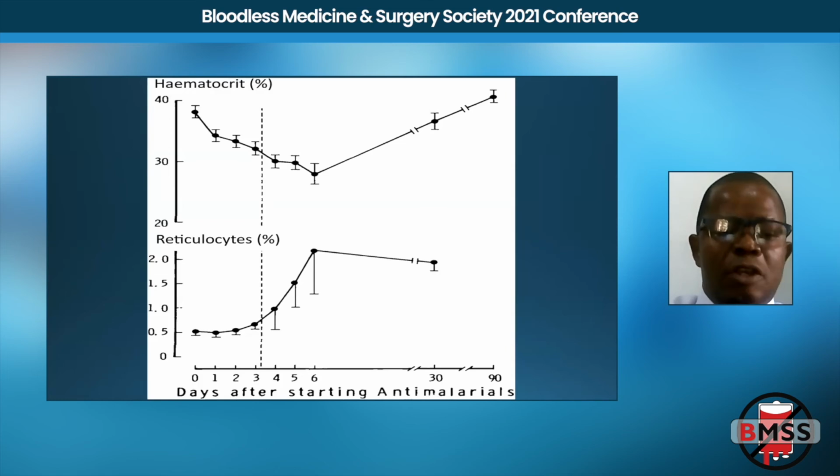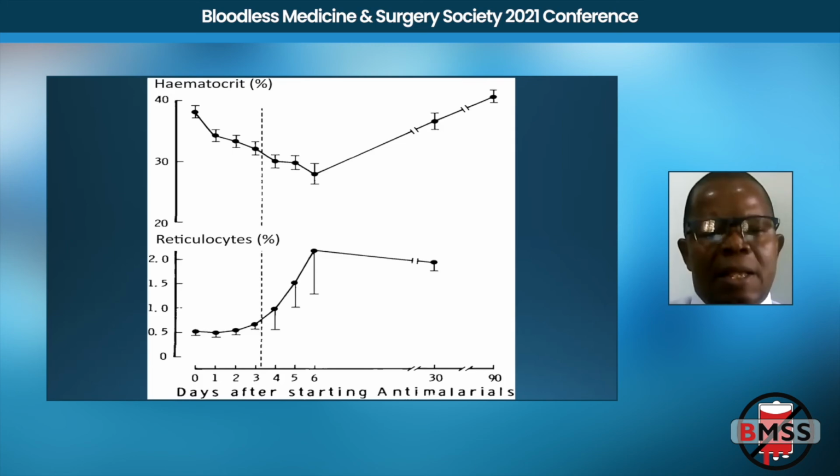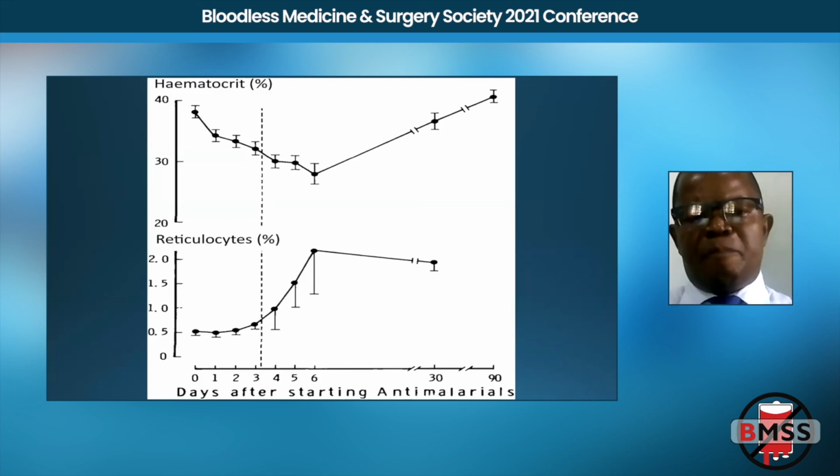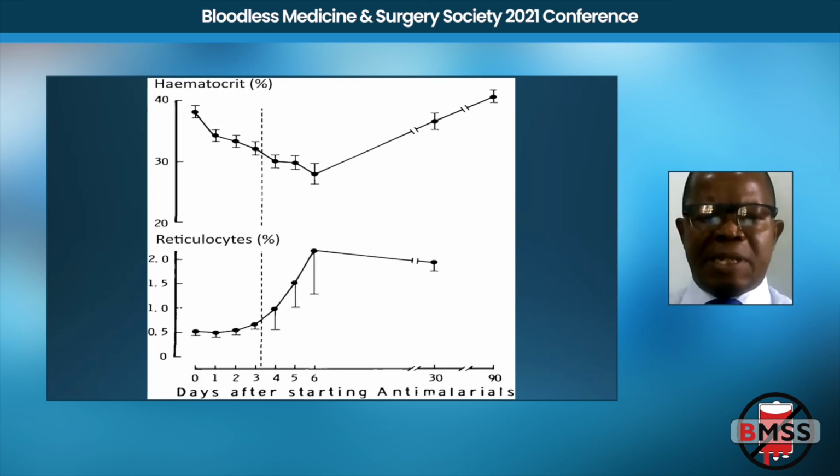So in conclusion, it might be safe to say that the utilization of the physiology and pathophysiology of anemia in the human system is a useful and very important tool in clinical practice, which if well understood, if you look at the number of the pathogeneses of anemia that we looked at all through, especially in the medical aspect, a lot of them will not require any exogenous blood transfusion.